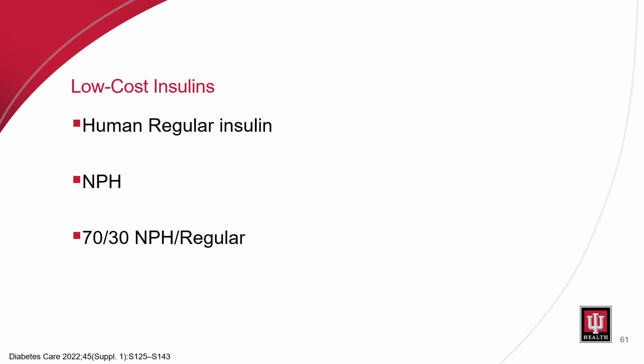While we didn't talk about indications for starting insulin therapy yet in our type 2 diabetics, I did think this was an easy way and an important way to talk about our low-cost insulin therapies. So in my practice, what I see the lowest cost insulin products being is human regular insulin, NPH, and 70/30 NPH and regular combination.